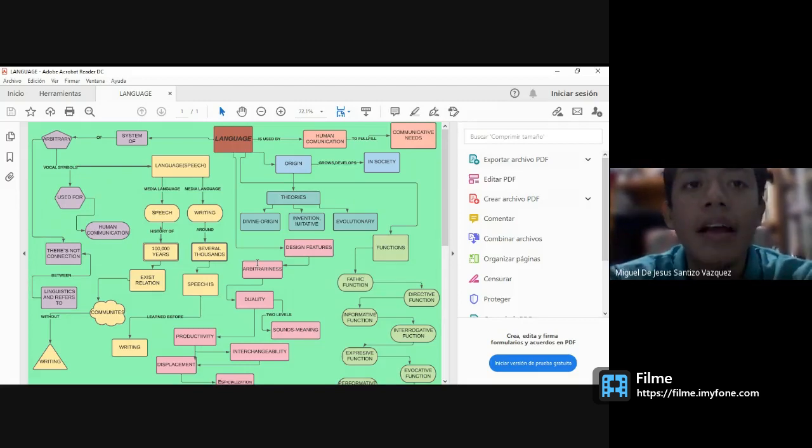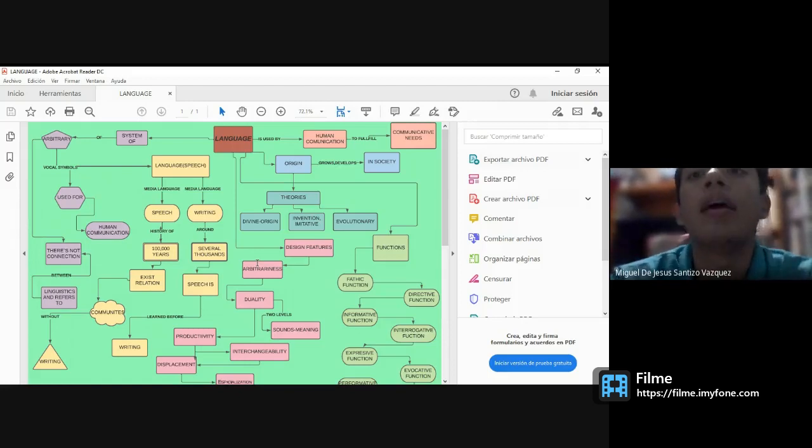We have productivity, which utilizes limited linguistic rules to produce or understand meaningful messages. Interchangeability says that a speaker or sender can become a listener or receiver.